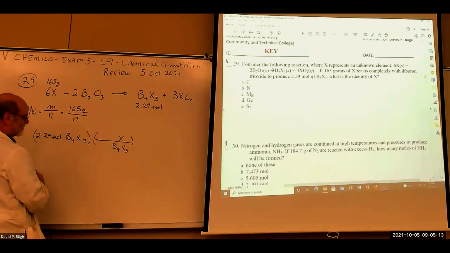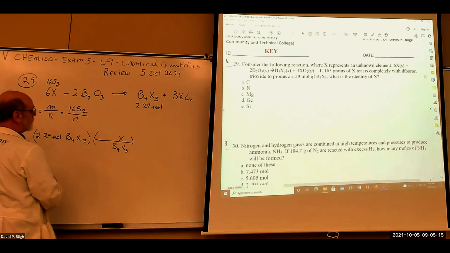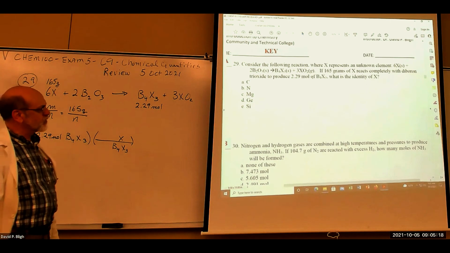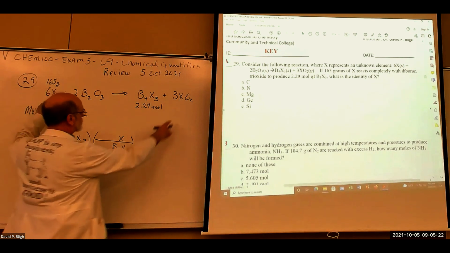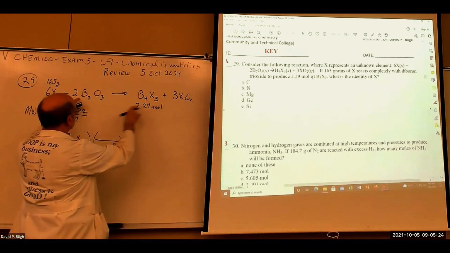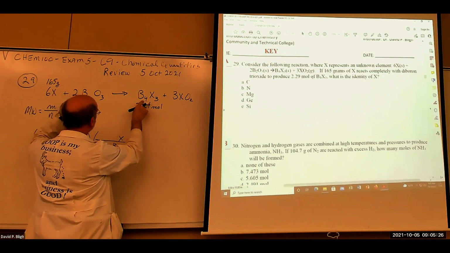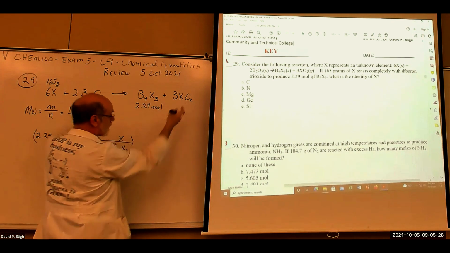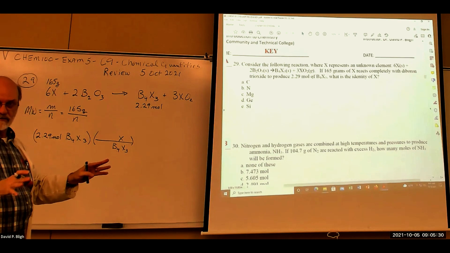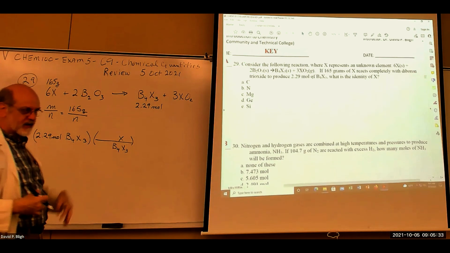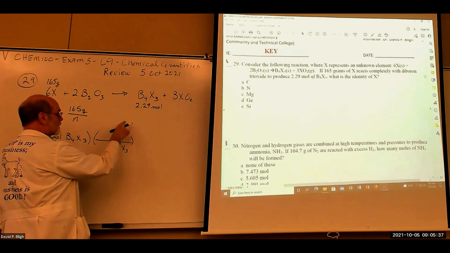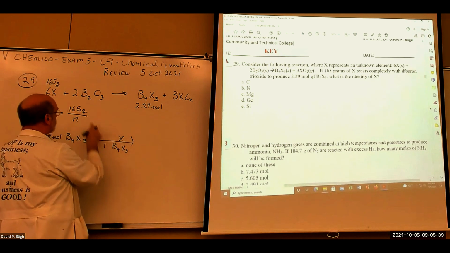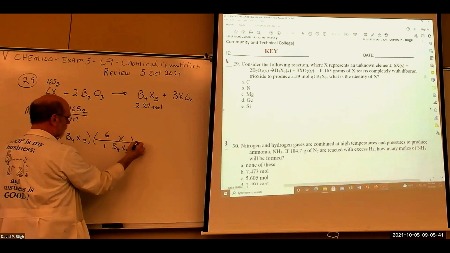What's the ratio? Well, first of all, is this a balanced equation? 6 X's, 3 plus 3 is 6 X's, 4 borons, and 6 oxygens, 6 oxygens. So it's balanced. I needed to confirm that for myself. Now that we know it's balanced, we can use the coefficients. So there's a 1 there, and there's a 6 here.